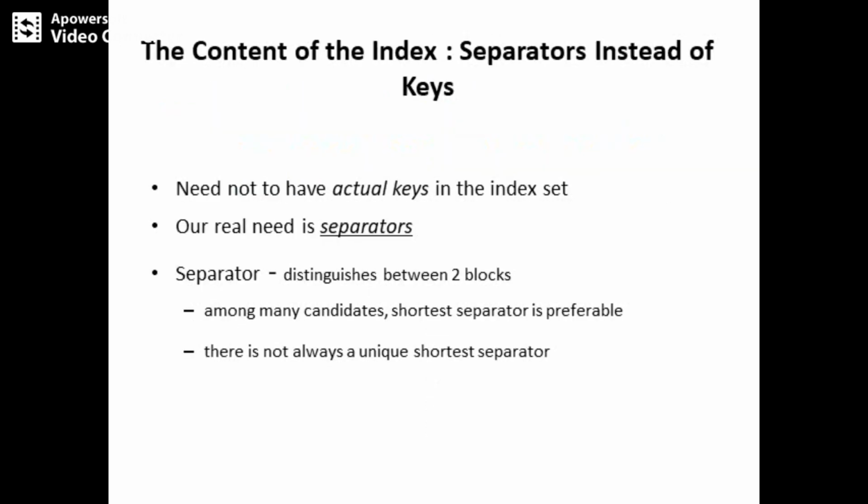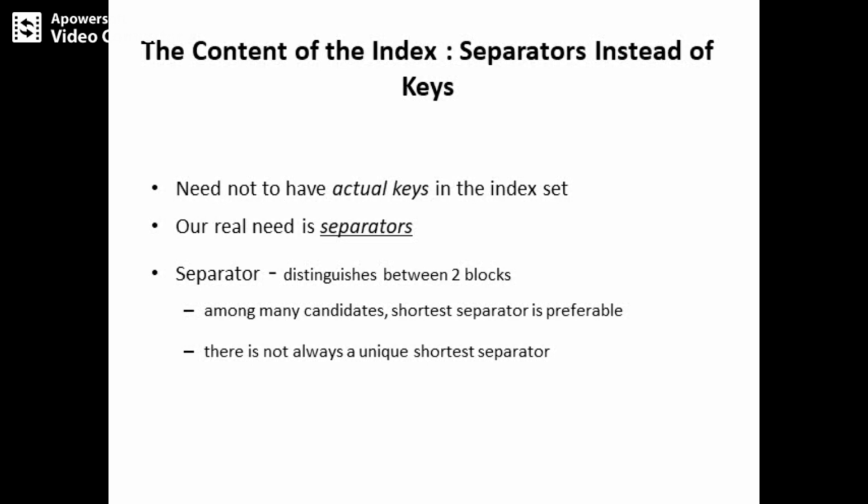So next, we can go for simple separators instead of these big keys. Sometimes the key might be a little longer, so instead of that we consider a small key that we call a separator. So we need not have actual keys in the index set. Our real need is separators.